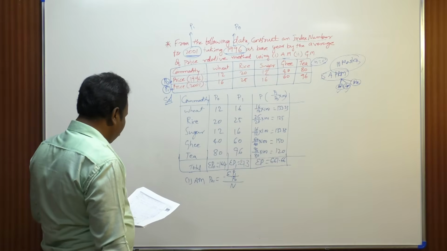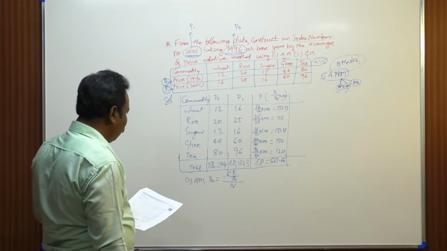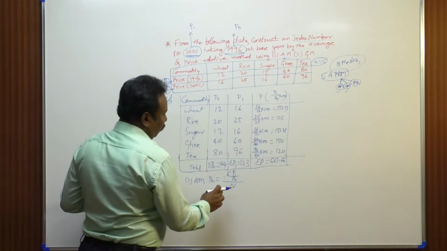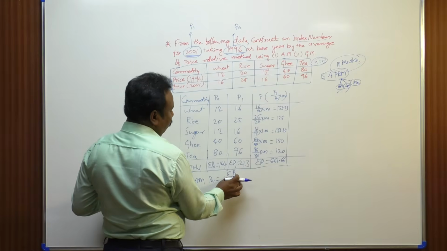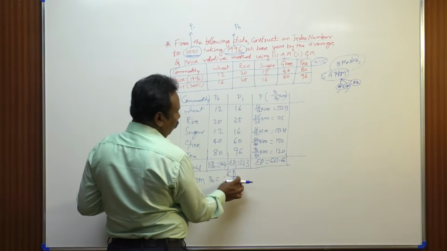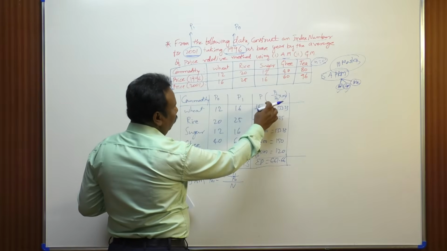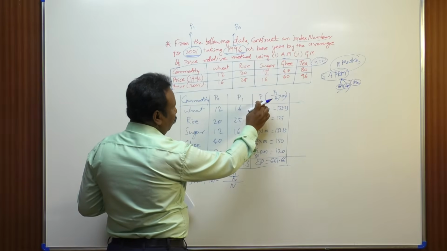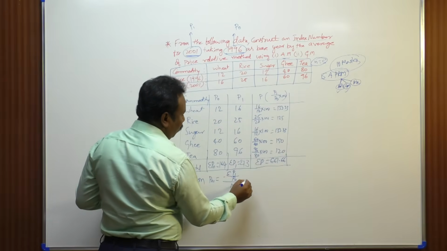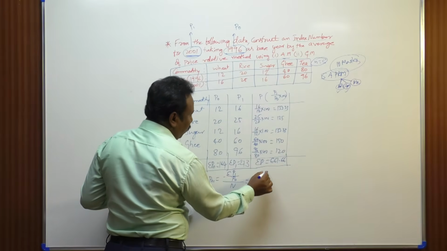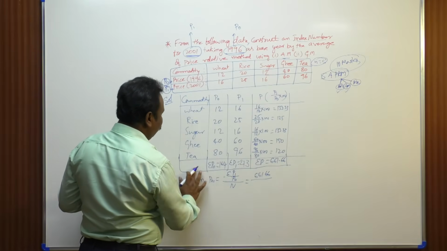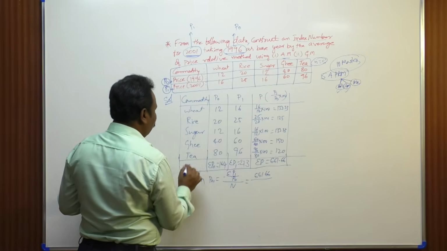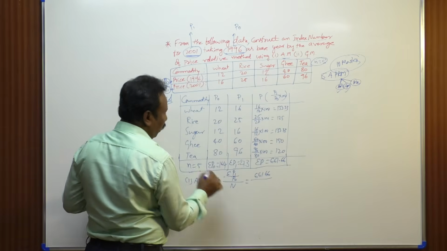Sigma P1 divided by P0, whole divided by n. So, sigma P1 divided by P0, so you already calculated, that is nothing but P. So, sigma P is 661.66 divided by n, the number of items, that is 5.